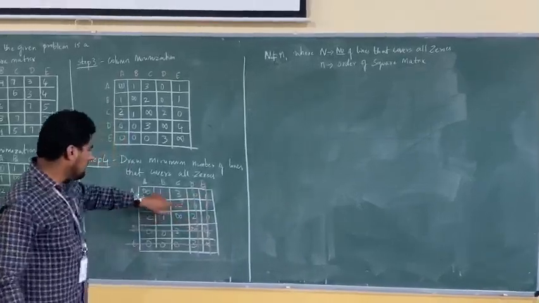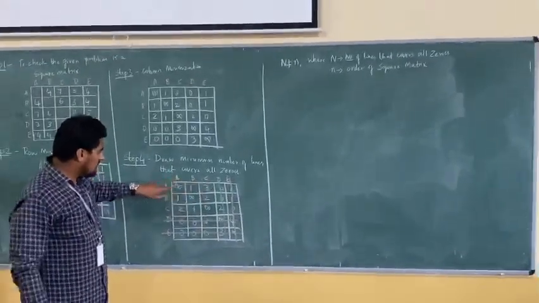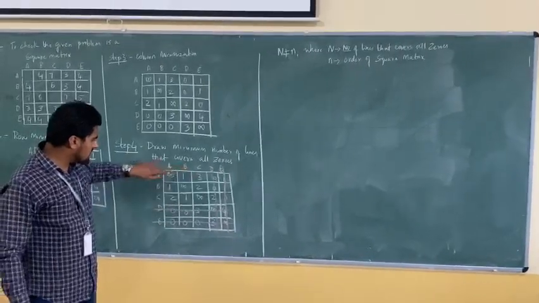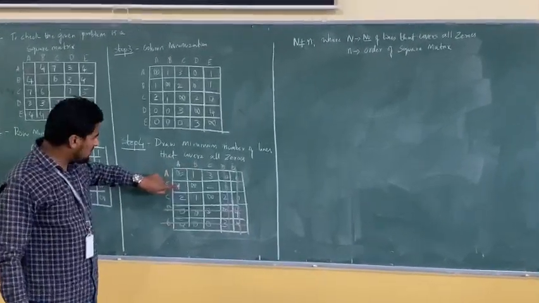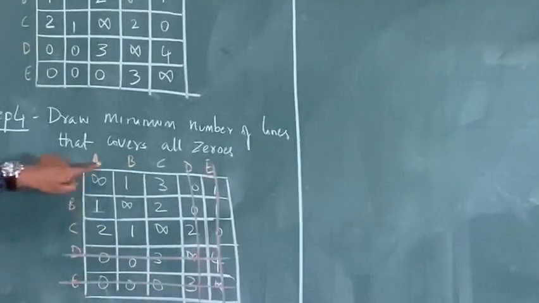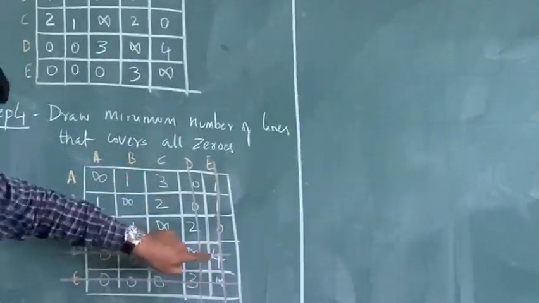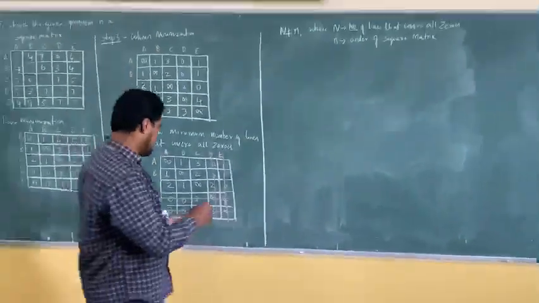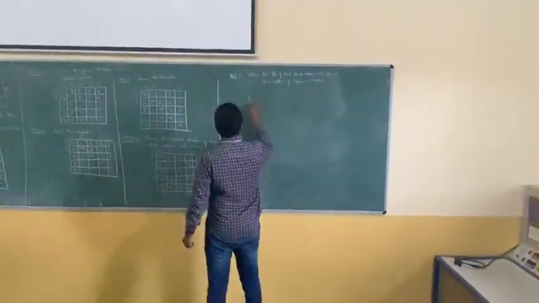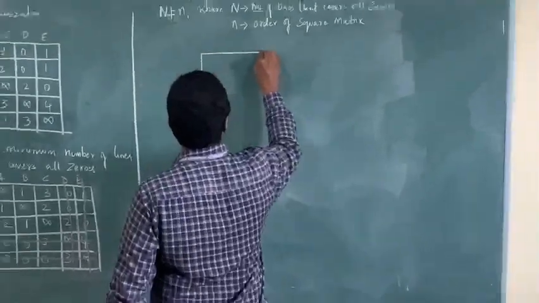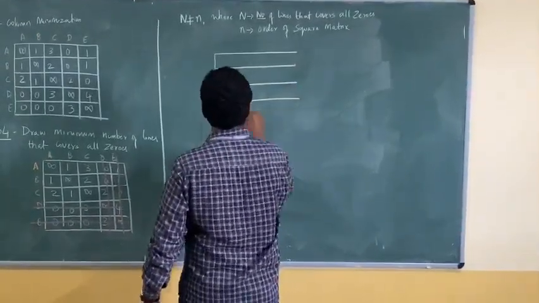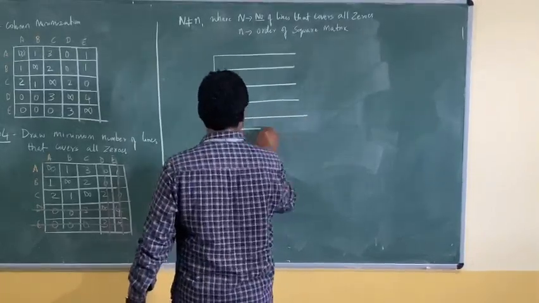So what we have to do, we have to check the elements which are uncovered. So here the least is 1. So we have to subtract 1 from these uncovered elements, and at the intersection points we need to add 1. Okay, so I'll just write the matrix here. 1, 2, 3, 4 and 5.